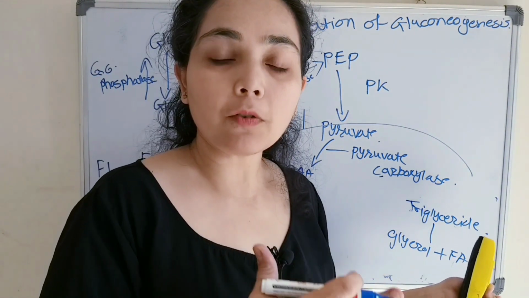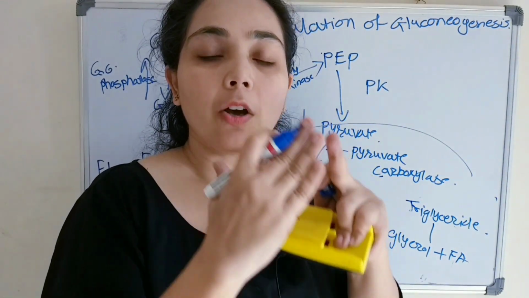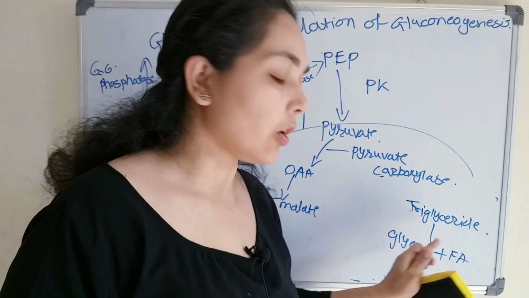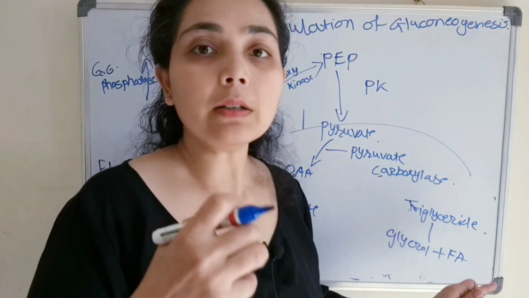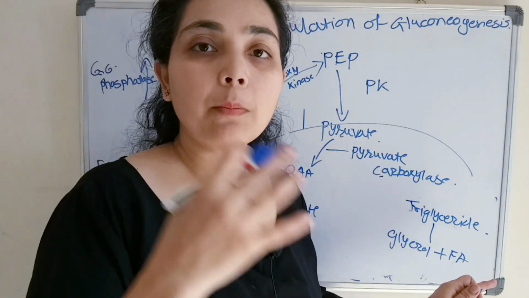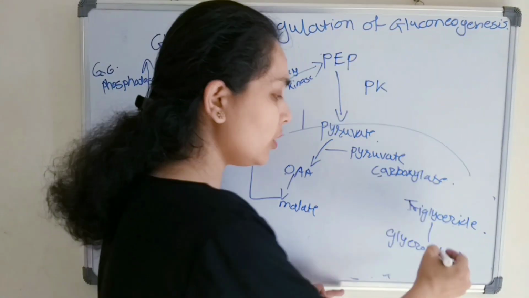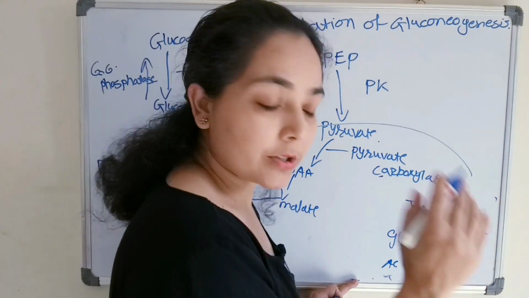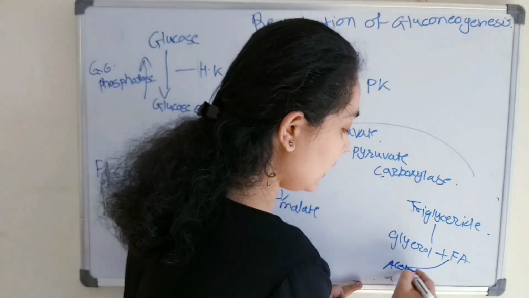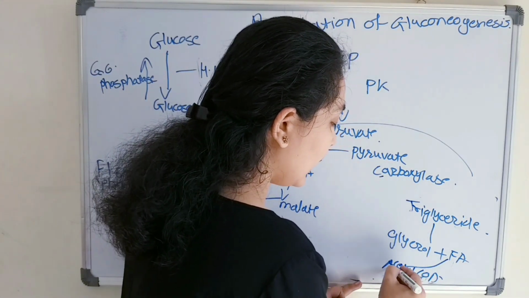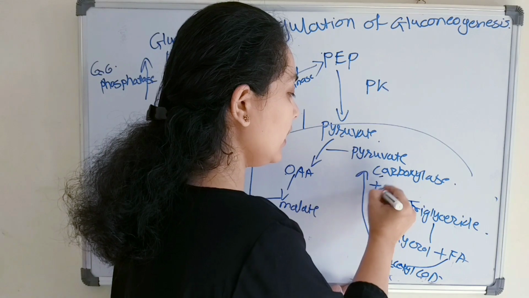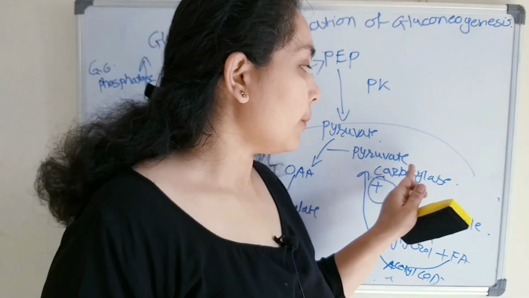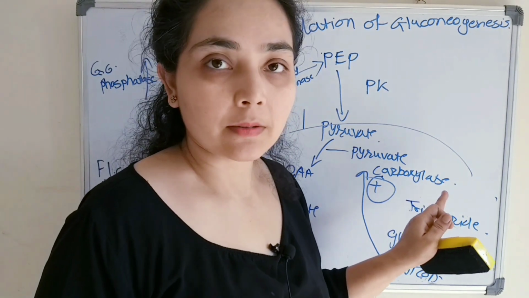During prolonged fasting, the triglycerides in the fat cells will break down into glycerol and fatty acid to meet the body's need. So from that, after fatty acid oxidation, we will get acetyl-CoA, and this acetyl-CoA is a strong positive regulator for pyruvate carboxylase.